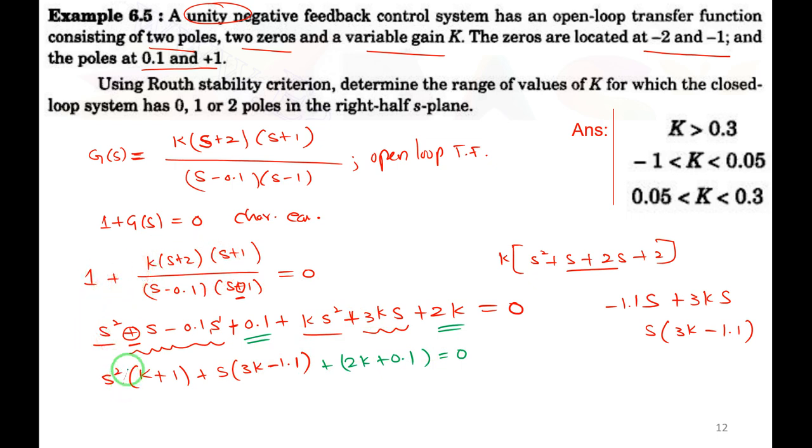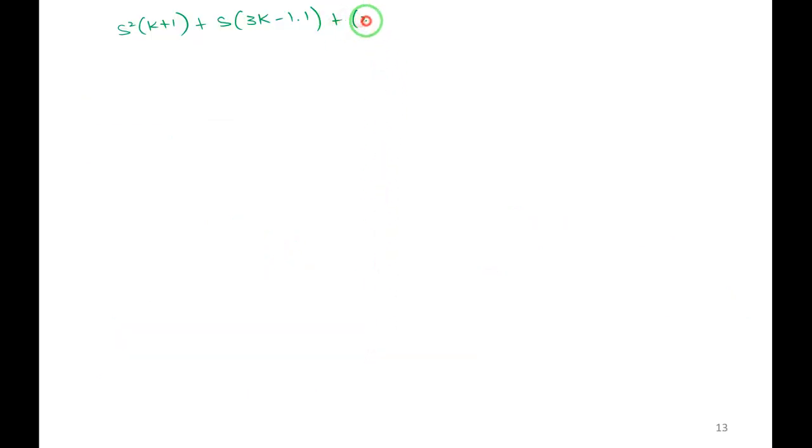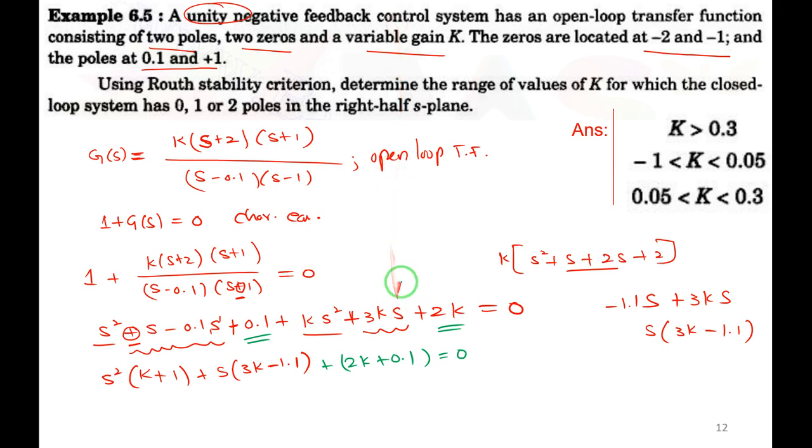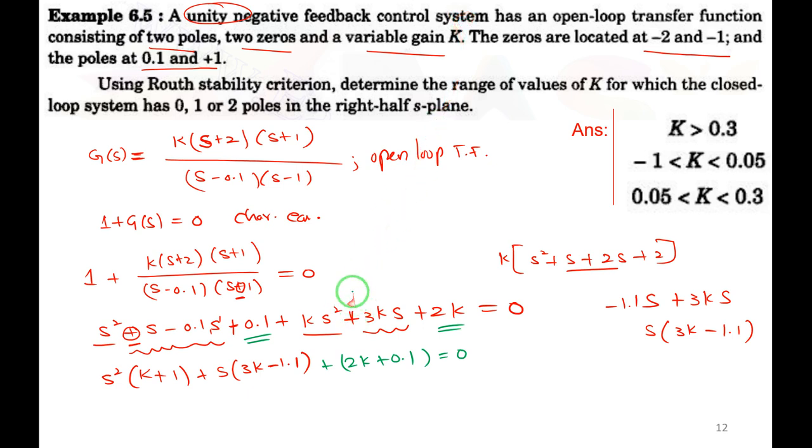So let me rewrite it once again: s square into k plus 1, plus s into 3k minus 1.1, plus 2k plus 0.1 equal to 0.